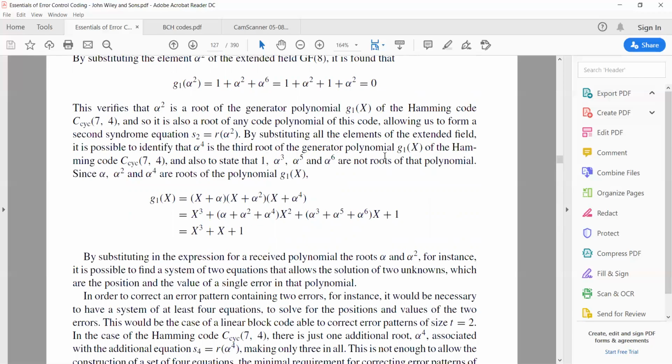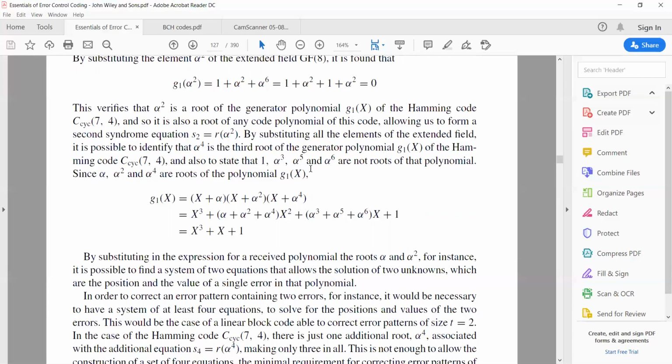We have considered the generator polynomial as 1 plus x cube, whose roots are alpha, alpha square and alpha to the power 4. But from the table, dealing with GF(2 to the power 3), another possible polynomial is x cube plus x square plus 1, whose roots are 1, alpha cube, alpha to the power 5 and alpha to the power 6. We have seen this from the table.